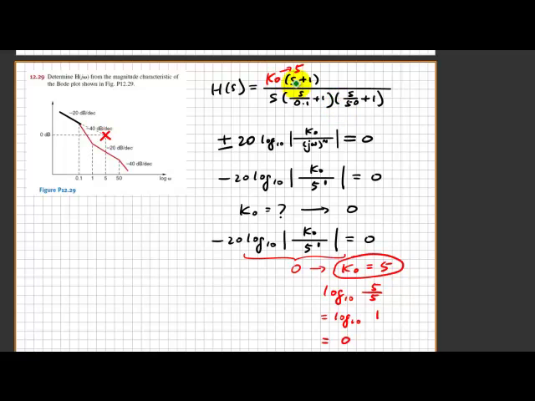And that's what I have here is S, because you start with the negative slope first, so you have S, and then at the point of minus 1 you have S divided by 0.1 plus 1, and then you start to trend a little bit up again by having a minus 20 dB per decade.